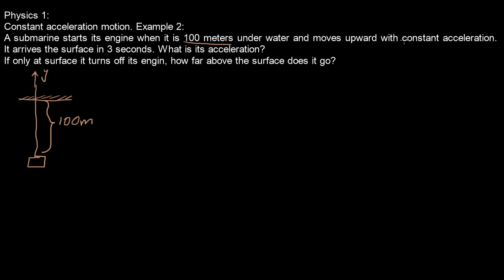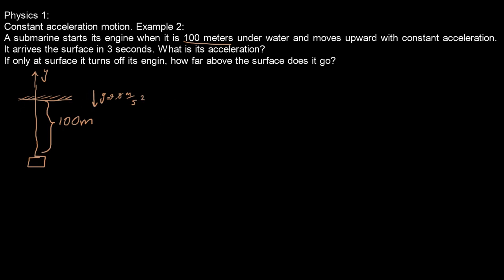And it moves upward with a constant acceleration. As I said, whenever we work close to the surface of the earth, there is an acceleration called g, or gravity, which is 9.8 meters per second square.